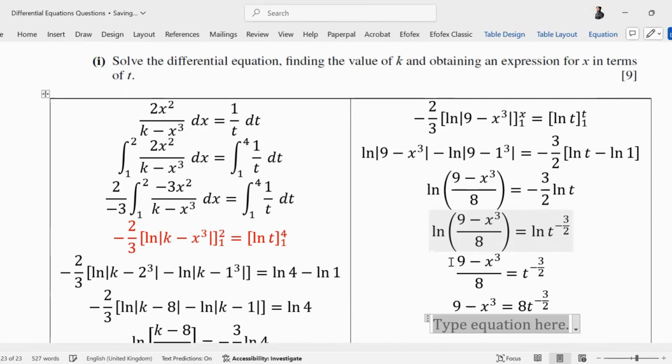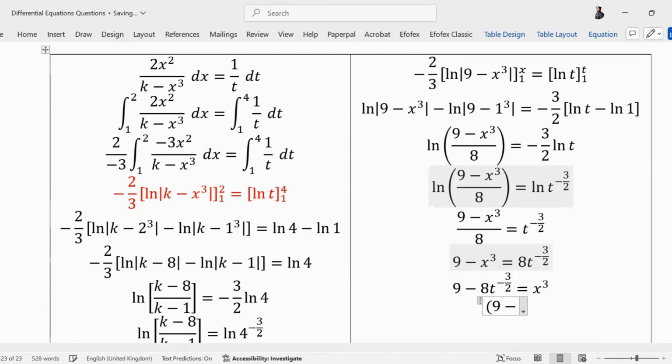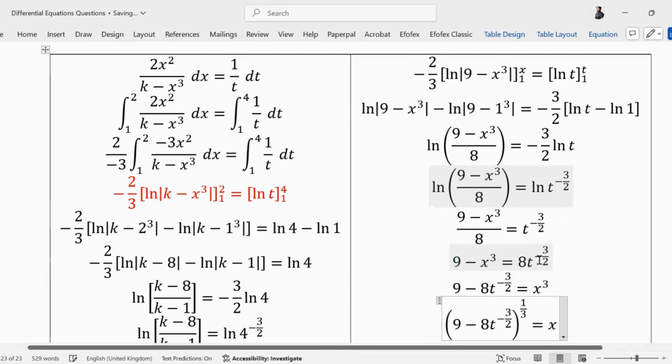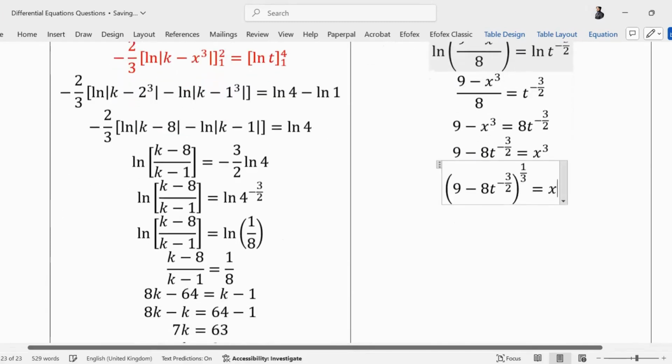And 9 minus 8t to the power minus 3 upon 2 is x cube. Now, in order to remove the cube, I'll cube root both sides, or I can write the cube root as a power of 1 upon 3. And this is my x. So now I've got the expression for x in terms of t.